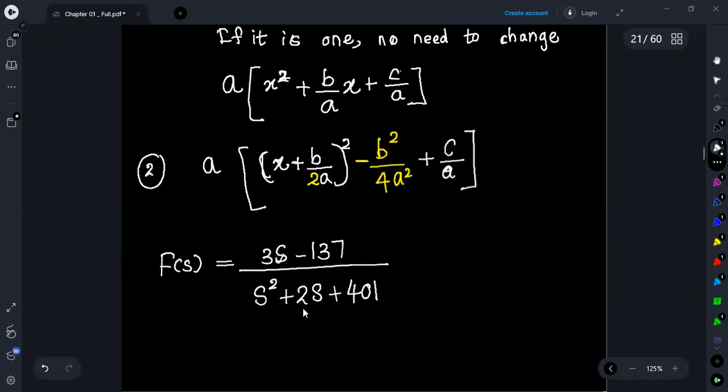If we complete the perfect square of this expression, then we can convert the term in the denominator into the form of s minus a squared plus omega squared. This can be either s plus or minus, so we have to find the suitable way. To do that, we have to consider completing the perfect square. This is the polynomial that we're going to consider.